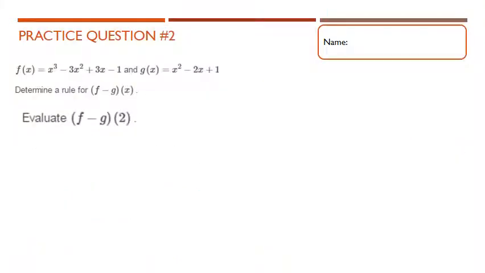All right, so let's look at a practice question just like number 2. So you're subtracting these two functions. So that means we're going to subtract f minus g. Now the order does matter. So you're going to write the f first. So we have x cubed minus 3x squared plus 3x minus 1.